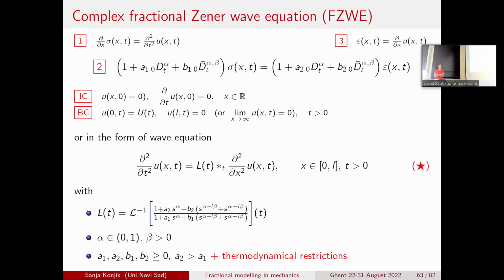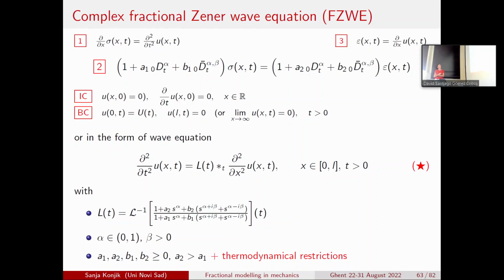And for the coefficients that appear in this constitutive equation, so for all these A's and B's, we want them to be non-negative, A2 greater than A1. So this coefficient which is in front of the fractional derivative of real order, that was again from the previous case, from the real order case, and then thermodynamical restrictions.